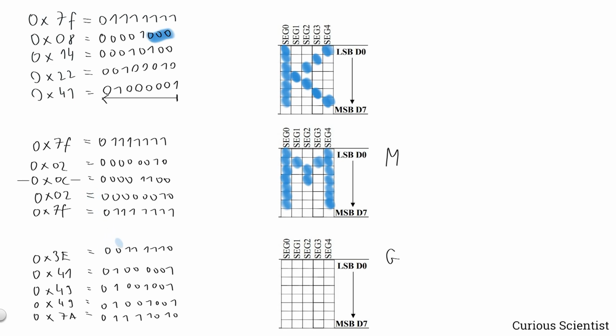And how the G looks like is that the first segment here, the first bit of the segment is 0, and then we have 5 ones. So this is like the backbone, or the spine of the G. And then here and here we have another pixels. So now I did this line.